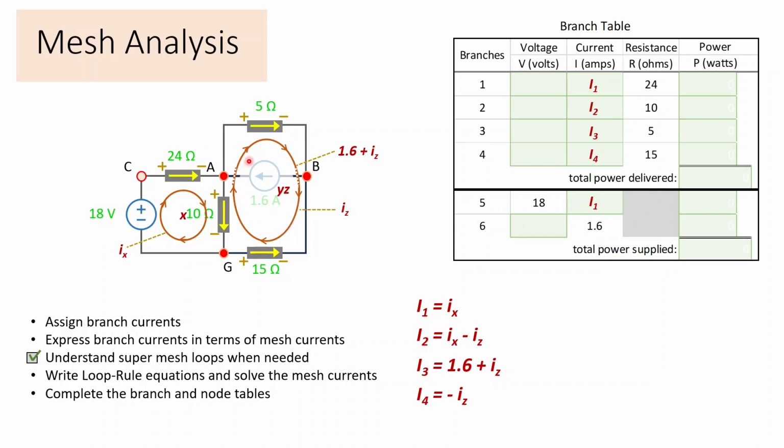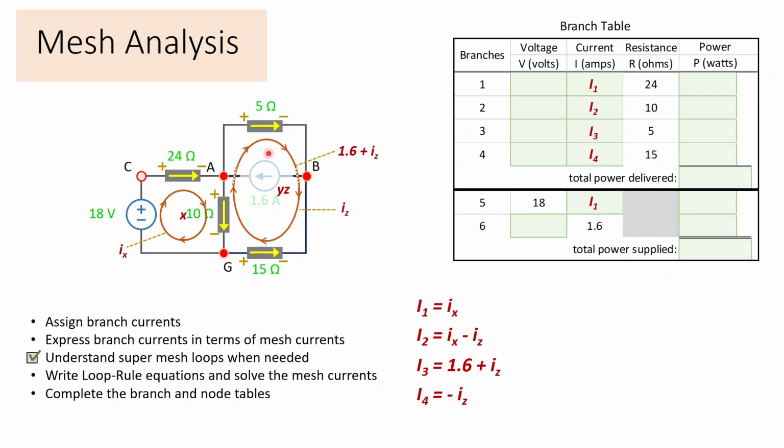And you can see the way I've shown the mesh current as clockwise, if Iz was what we called the current in mesh Z, by the time it reaches the top, it is joined by the 1.6. So mesh current Iy is 1.6 plus Iz. The point is we get an equation that keeps the number of unknowns to 2.